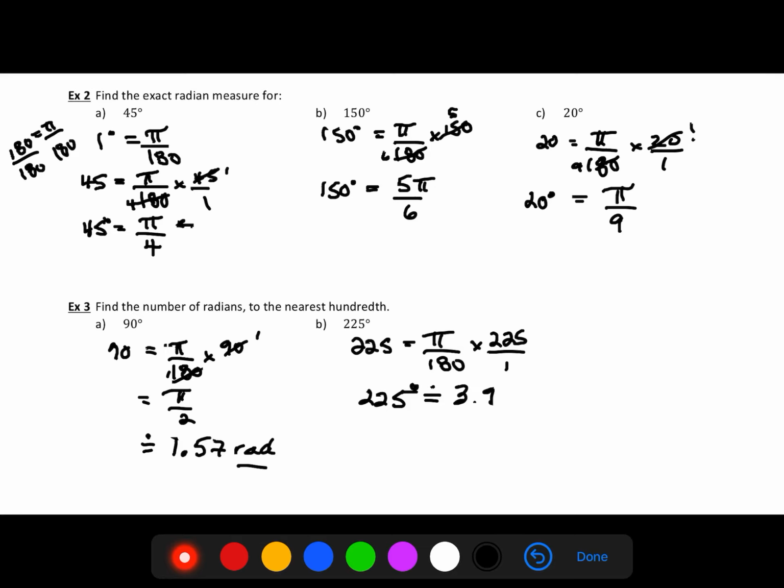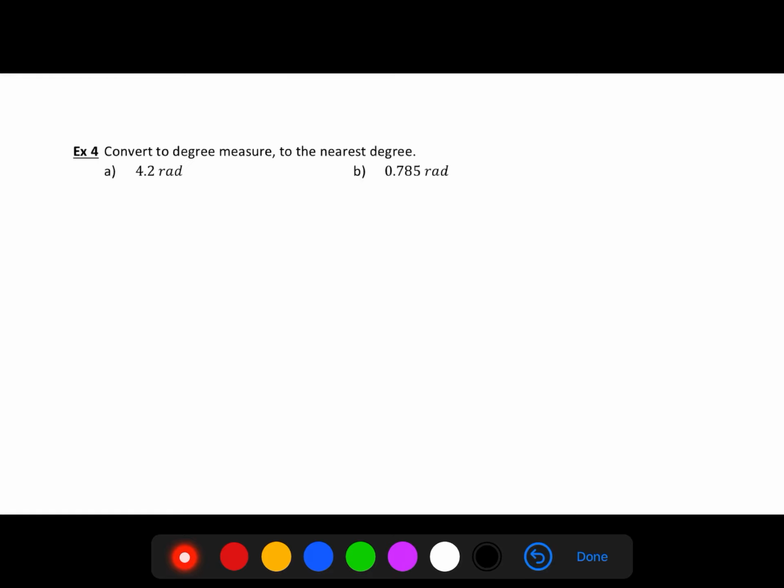When we round this, we get 3.93 radians. Okay? And again, we want to get more used to this: we know that 180 degrees is pi. If we have just over 180 degrees, we should have just over 3.14 radians as well in decimals.